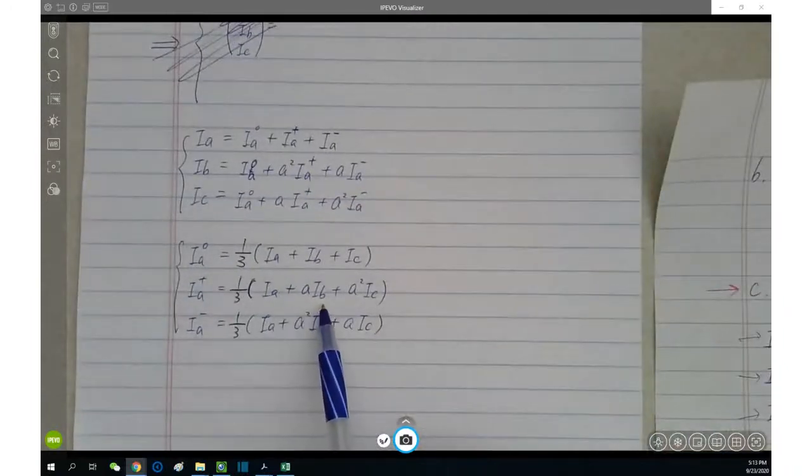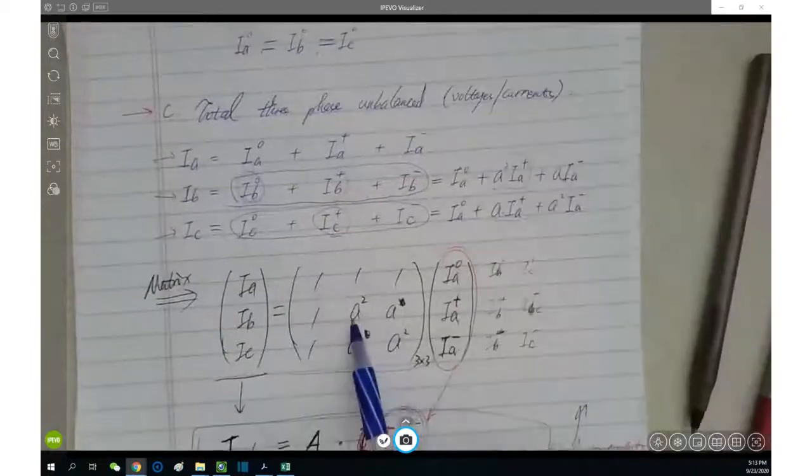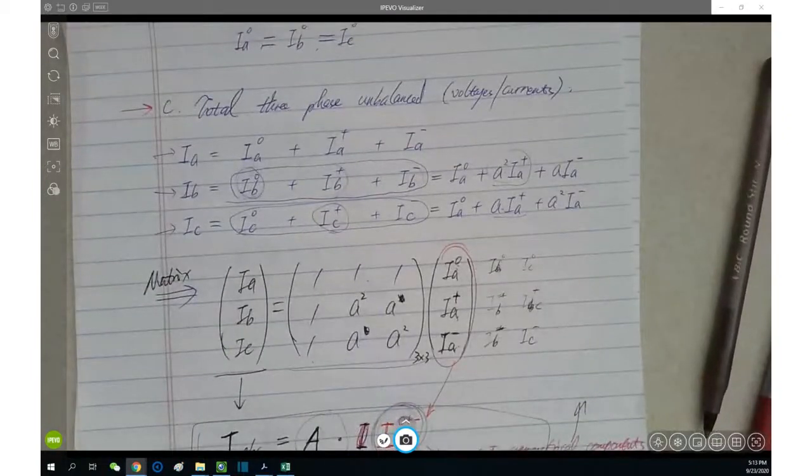You do the inverse matrix, and then you're still seeing a square here, a square here, a here, and a here. But just make sure you copy the correct formula. And if you really conduct the inverse matrix calculation here, you can tell why it's a at there and a square at there.